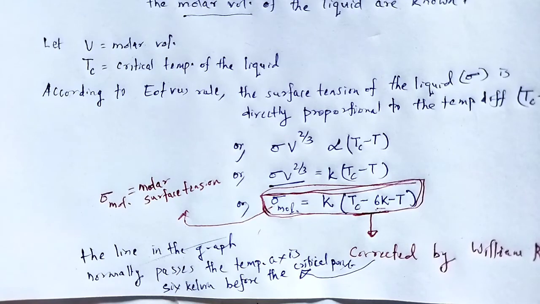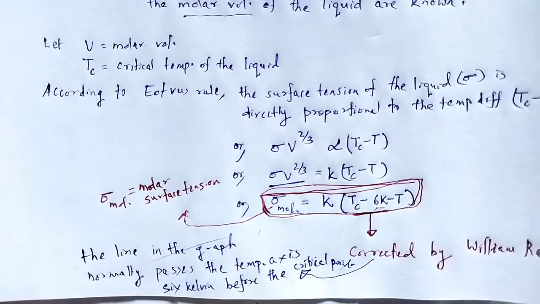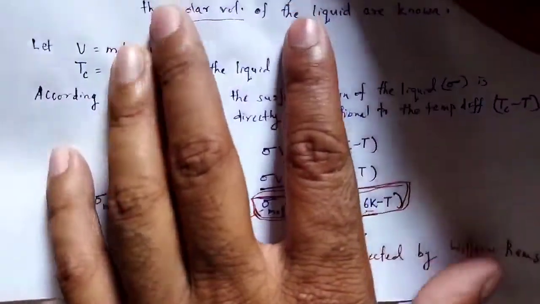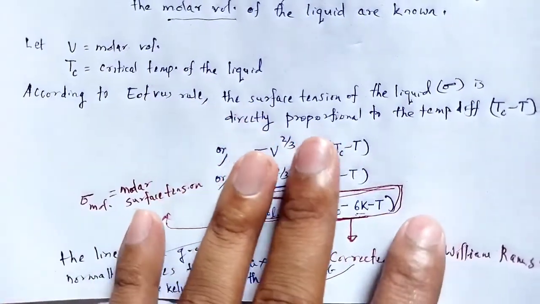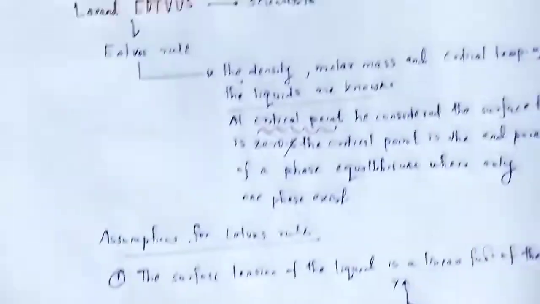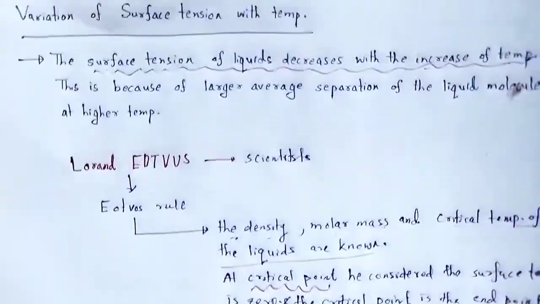Further, the scientist Van der Waals also proposed a relation between surface tension and temperature of the liquid.